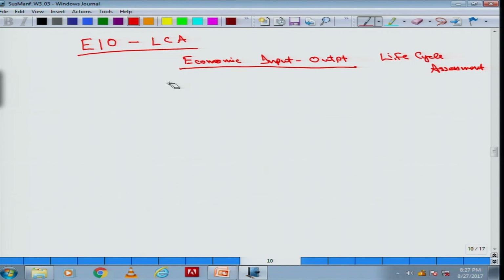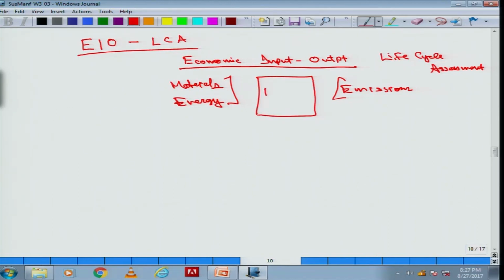So what does EIO-LCA do? It is actually a method that estimates the materials and energy resources that are required, and the environmental emissions, of activities in an economy.